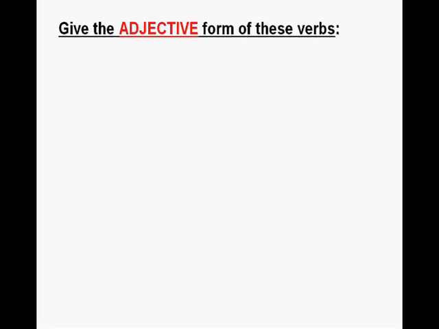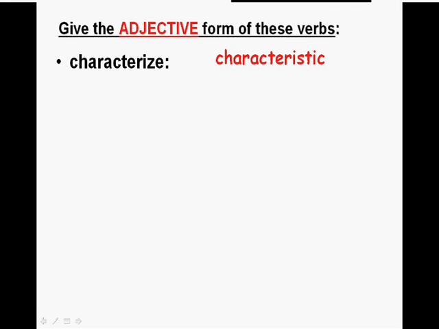Now, give the adjective form of these verbs. So there are some verbs, and we need you to use the adjective forms of it. So characterize as a verb. What is the adjective form of this verb? Very good. Characteristic.